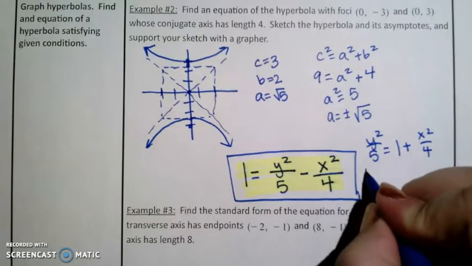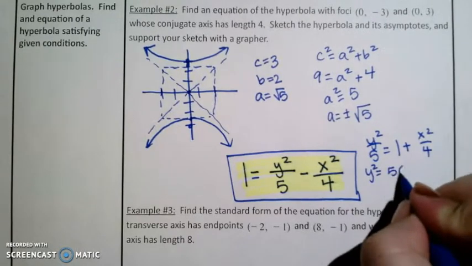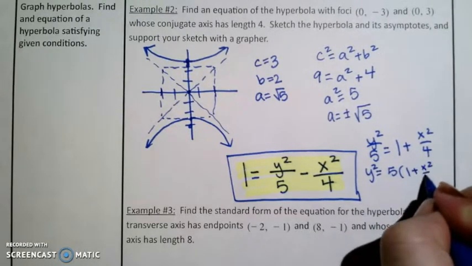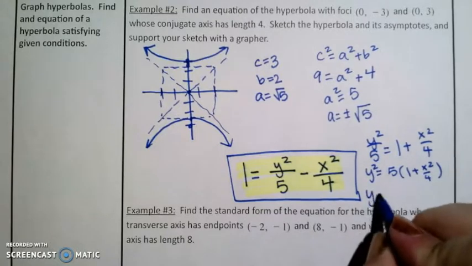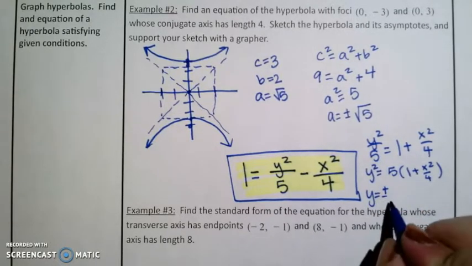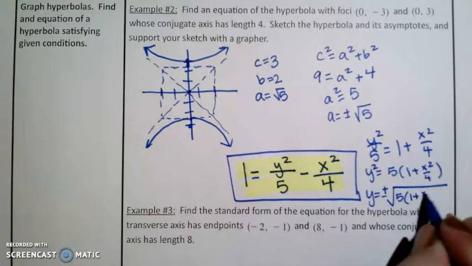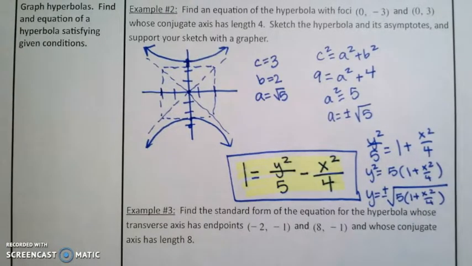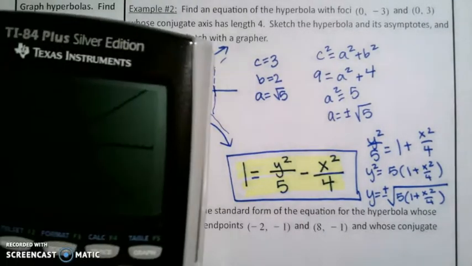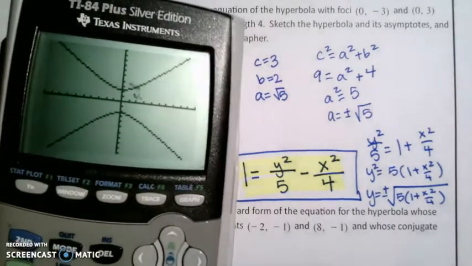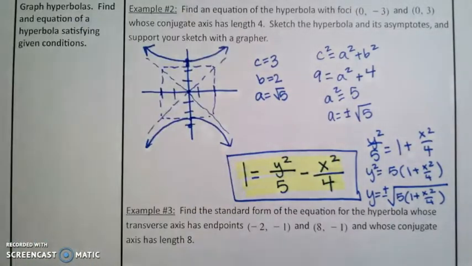Multiply by 5. y squared is 5 times the quantity of 1 plus x squared over 4. So then y equals plus or minus the square root of 5 times the quantity of 1 plus x squared over 4. And if we put this into our graphing calculator, we will get this hyperbola, which matches our sketch.